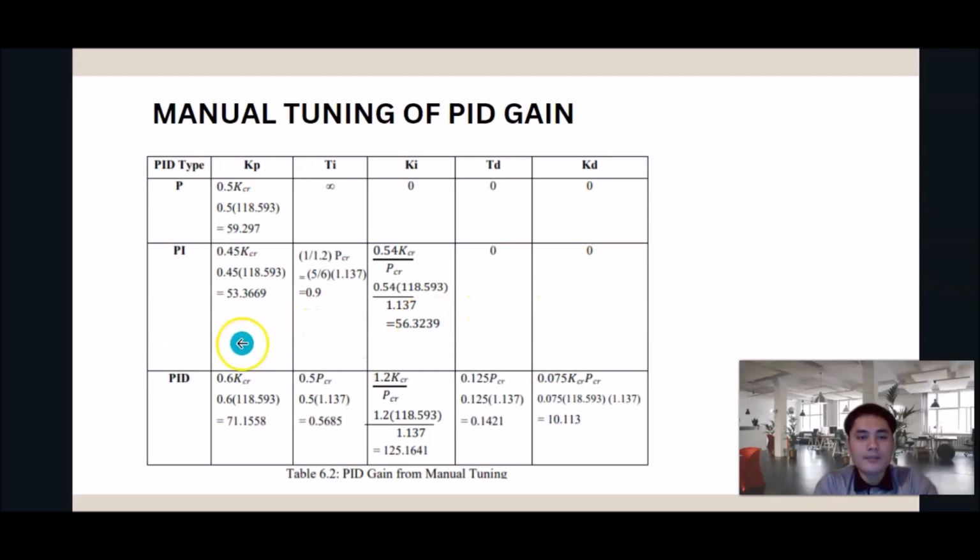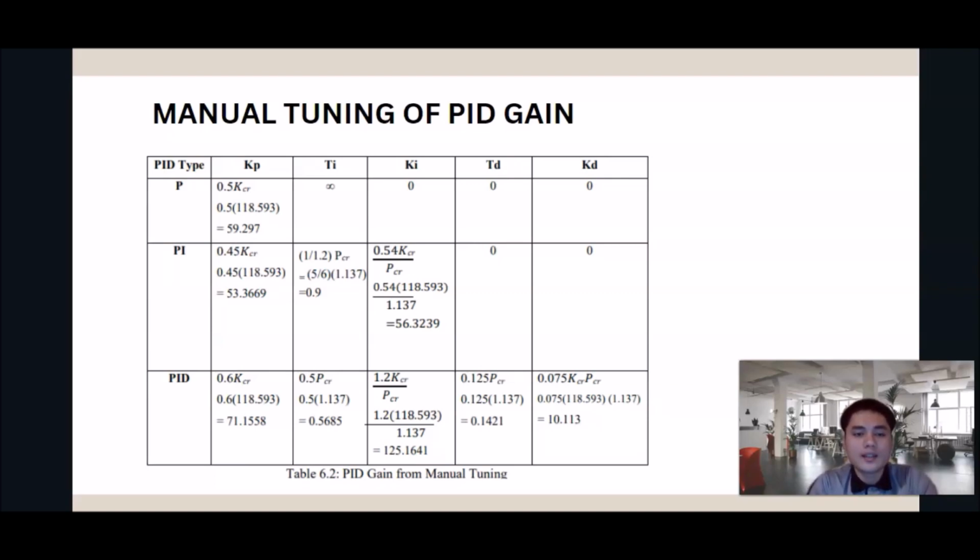So for PI, our Kp is 0.45 times K critical. Our value is 53.3669. For Ti, for PID type PI it is 1 over 1.2 times P critical. So P critical is 1.137.